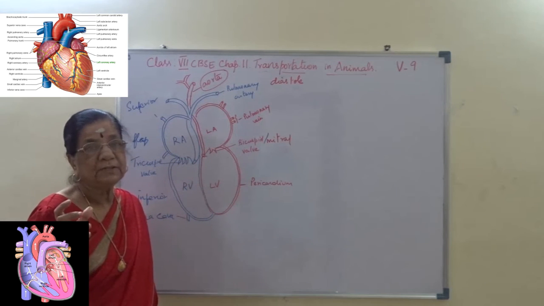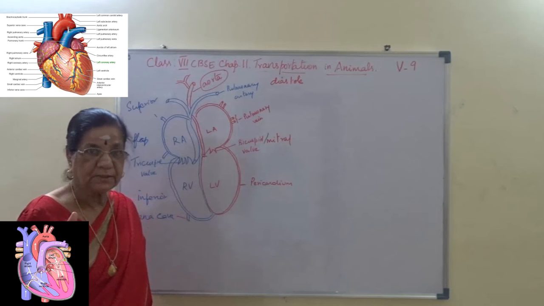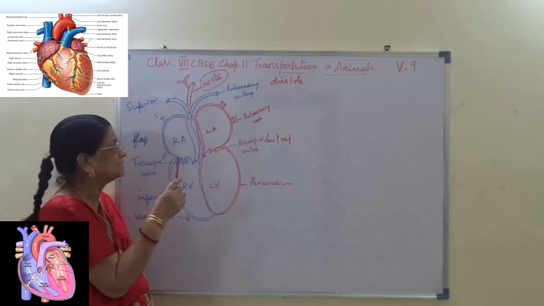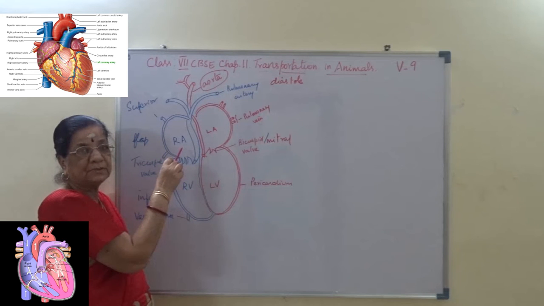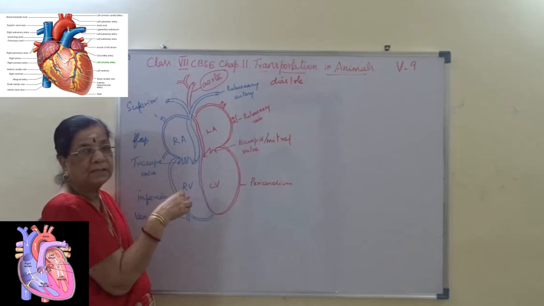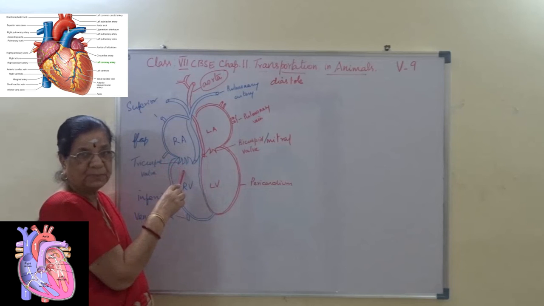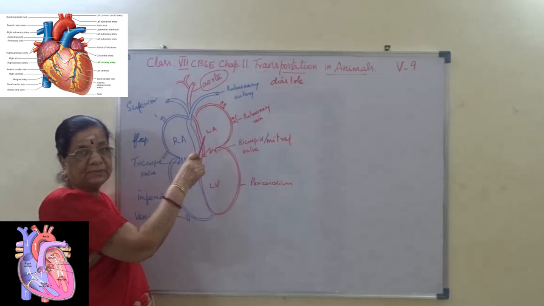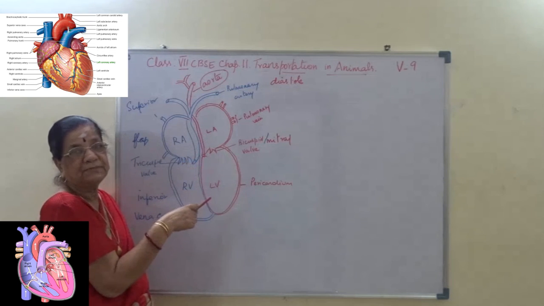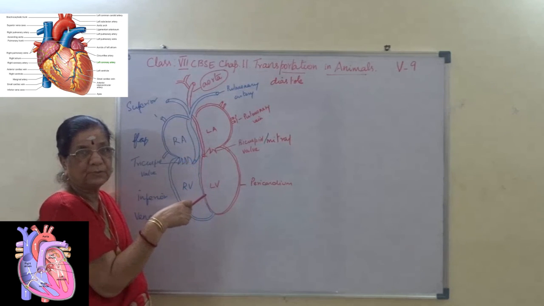Right? So when the atria contract, right and left atria contract, the valves open as the right atrium pushes the deoxygenated blood into the right ventricle through the tricuspid valve. Same way, the left atrium pushes the oxygenated blood into the left ventricle. I hope you understand.